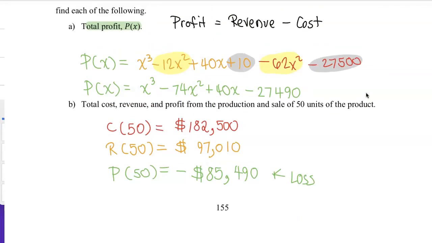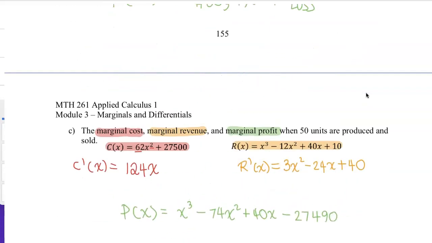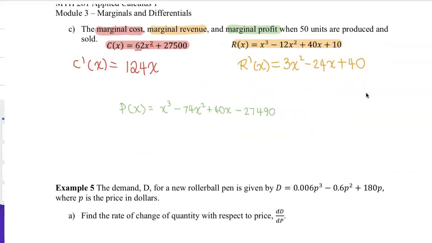Okay, and lastly, I just need to find the marginal profit function. And that was what we wrote, right? This right here. So I'll bring this down. So P prime of x is 3x squared minus 148x plus 40.